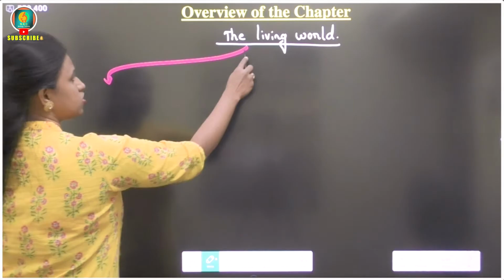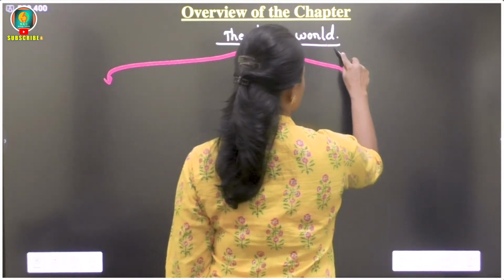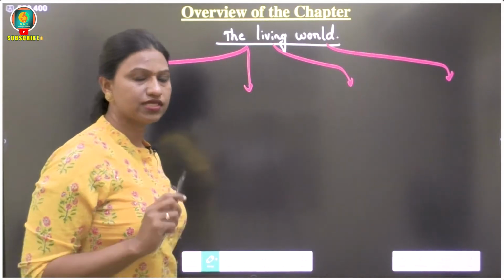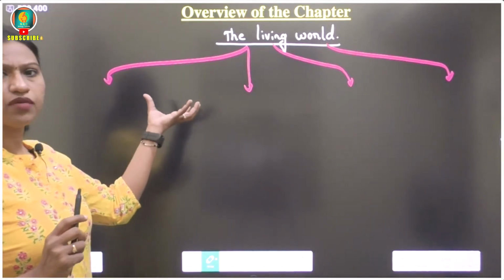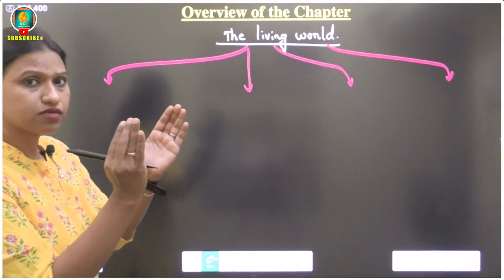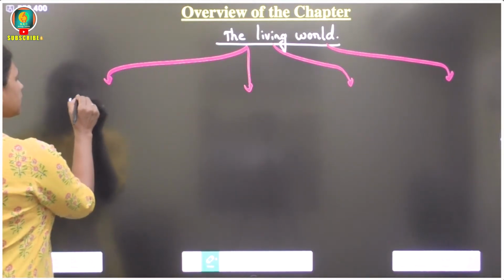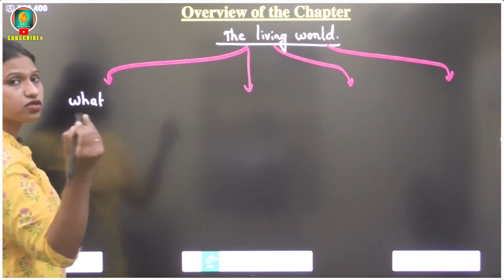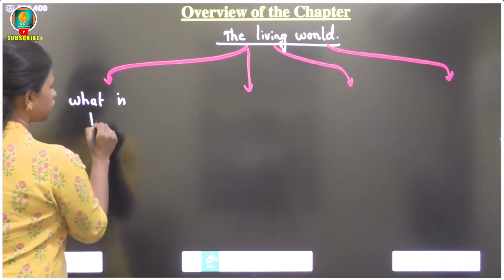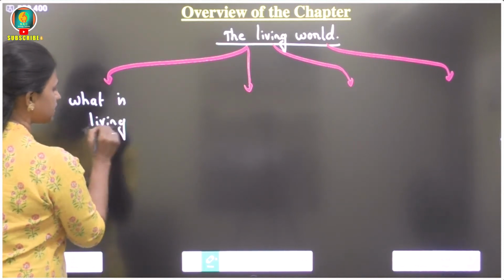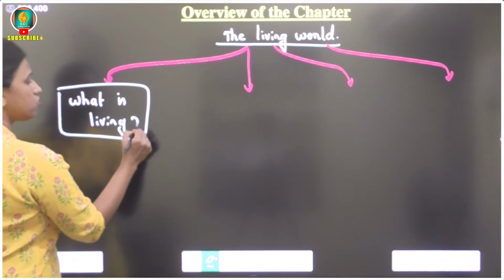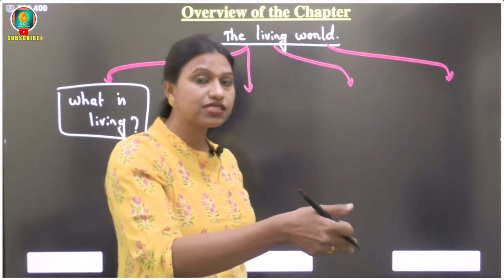Earlier, the living world chapter was divided into 4 topics. So in this chapter, we were mainly giving importance to the living organism because the chapter itself is about living, no? So that's why NCERT was telling a few properties about what is living. If you are considering an organism as a living organism, first you should know why you are considering it as a living organism.